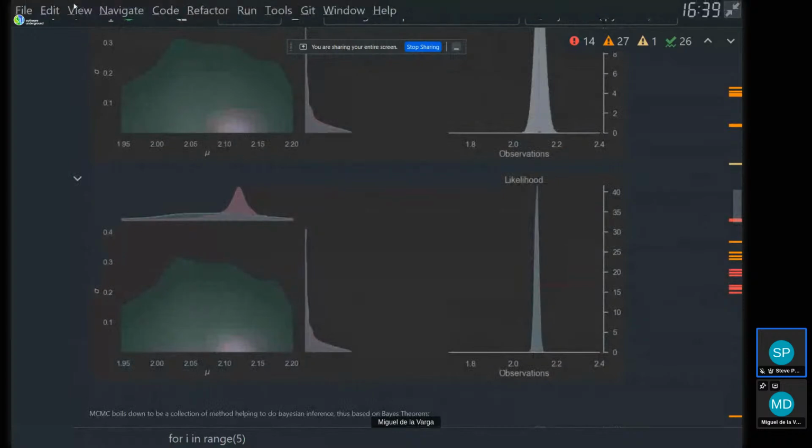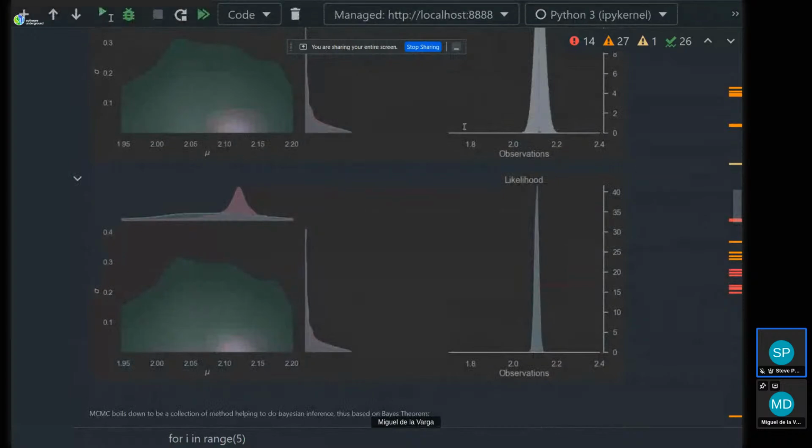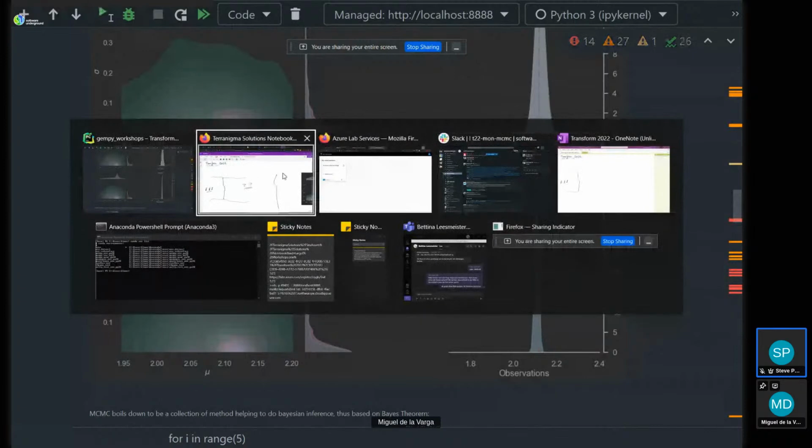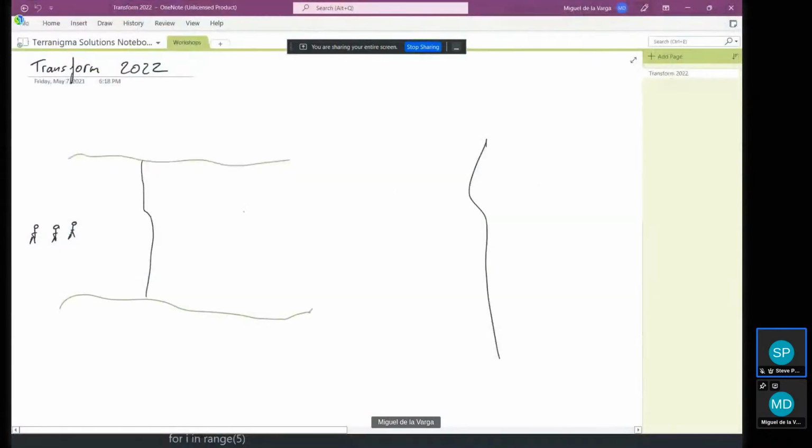Okay, so now I'm going to just repeat the same, but we are going to increase the number of observations. So if we go to our OneNote, same example as before, but now we have multiple people taking multiple measurements.